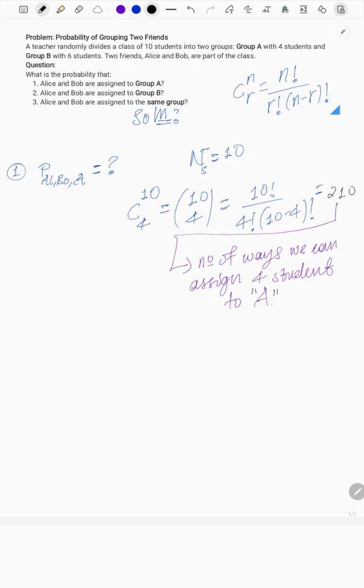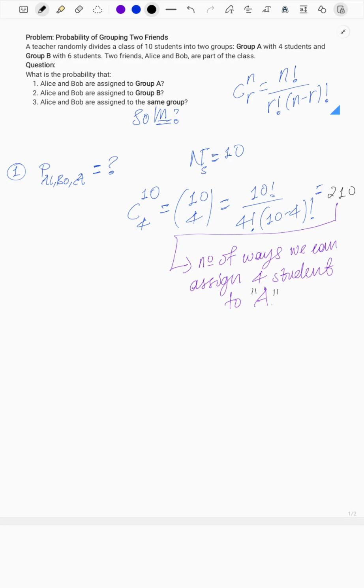But the question is asking for the probability that Alice and Bob are to be present in this Group A. So we have found the number of ways. In how many ways can we assign 4 students to this group? So we have 210 ways or combinations in order to form this group.